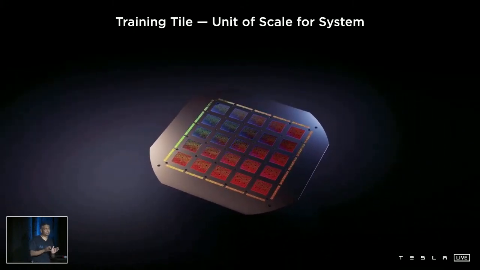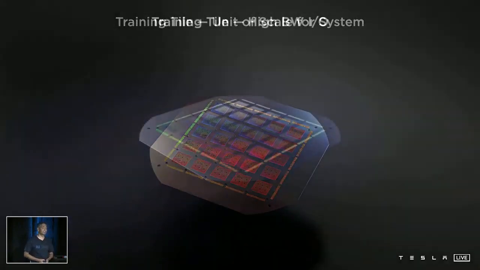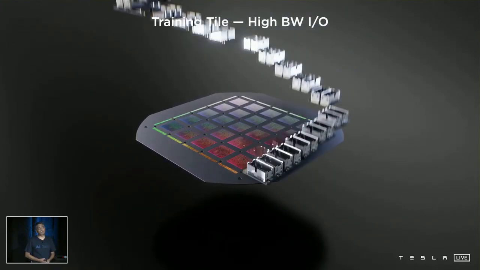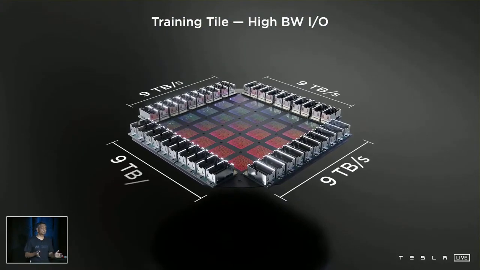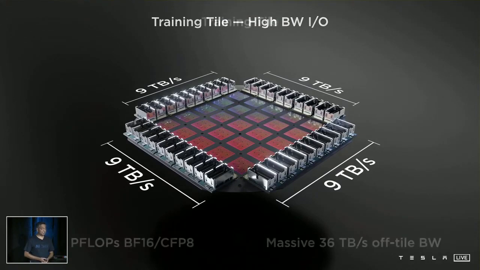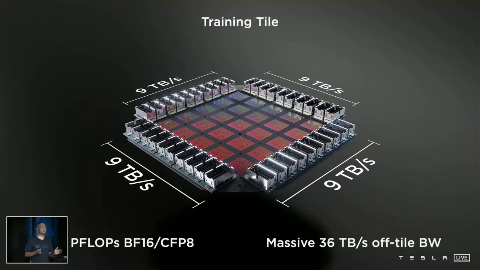The maximum bandwidth is preserved there. And in addition, we generated a connector, a high bandwidth, high density connector that preserves the bandwidth coming out of this training tile. And this tile gives us 9 petaflops of compute with a massive I/O bandwidth coming out of it.